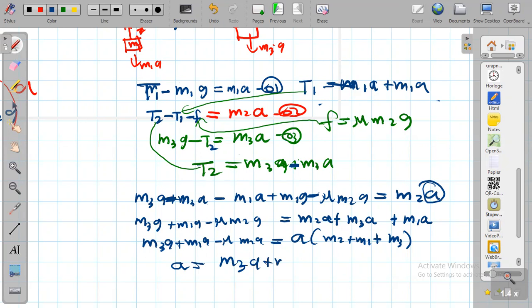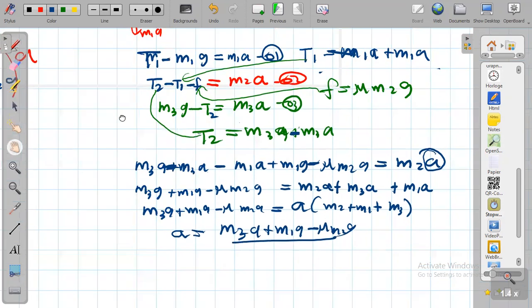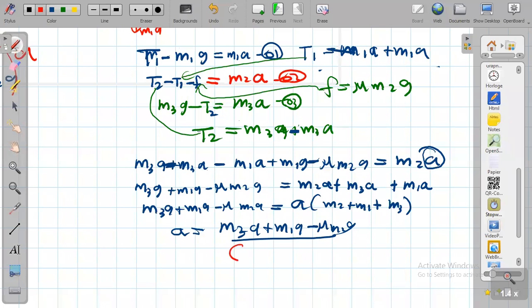M3G plus M1G minus mu M2G over what? All masses together: M1 plus M2 plus M3. This is the answer.